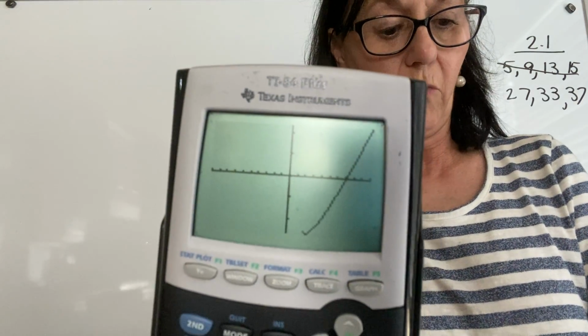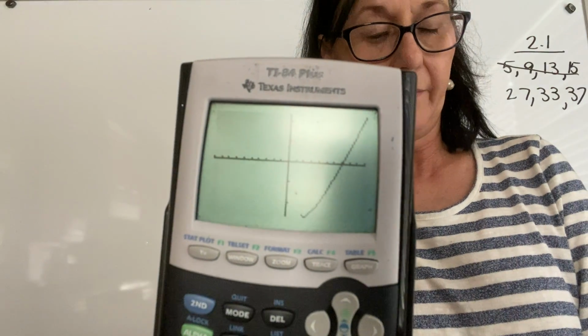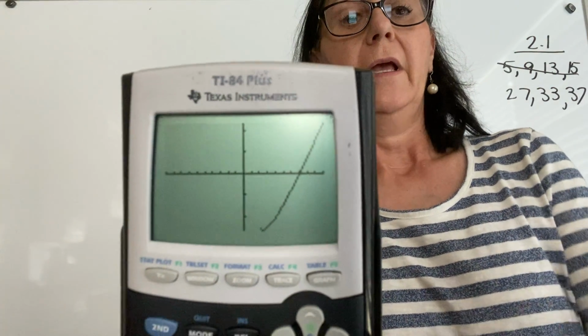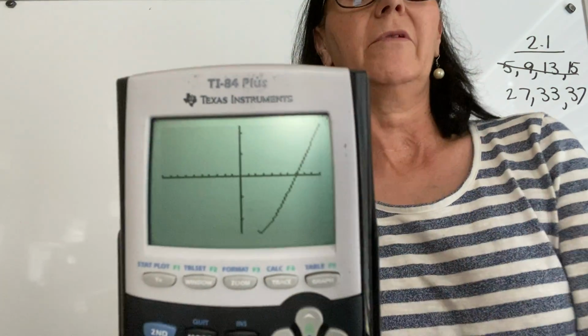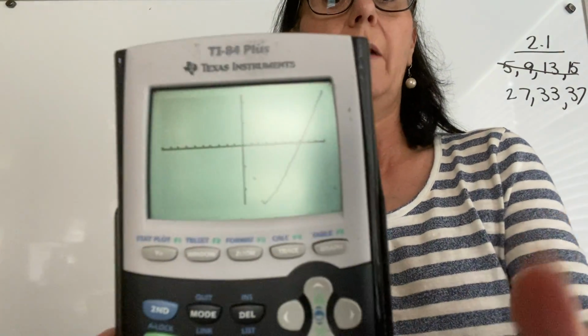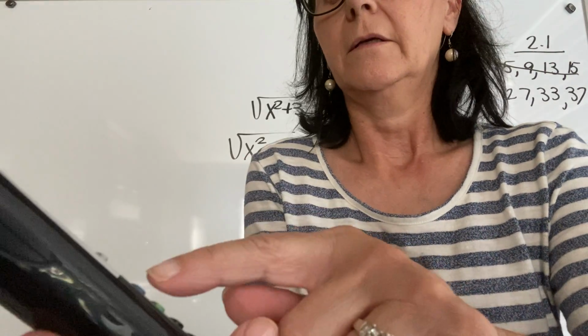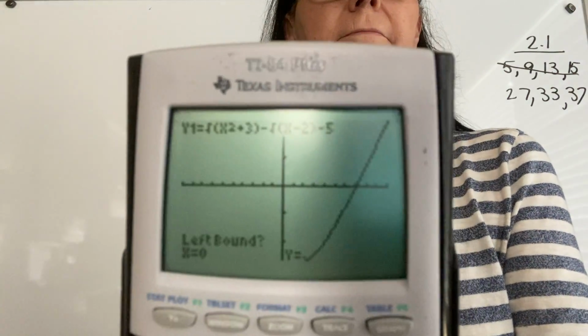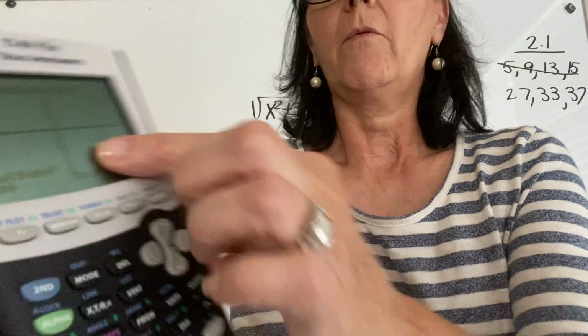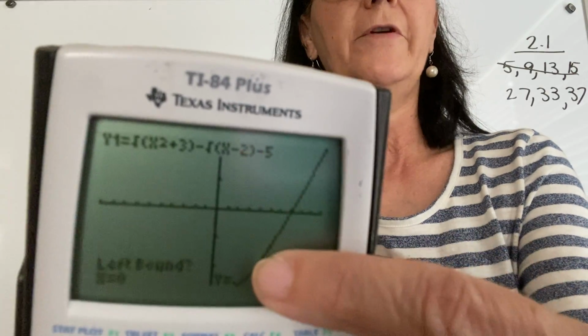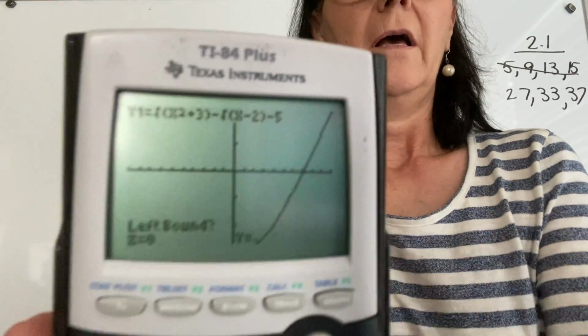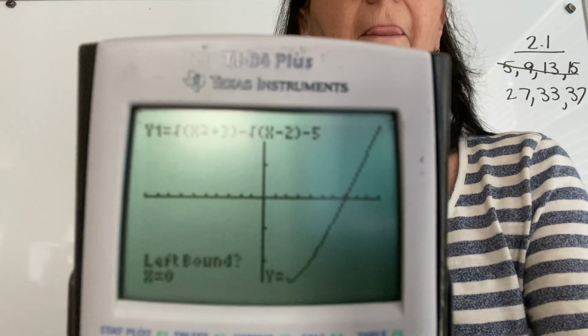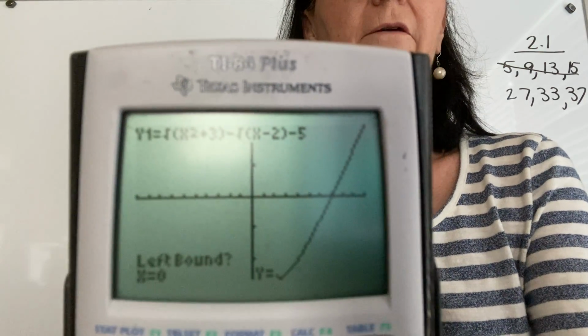Maybe we only have one x-intercept, right? That's all we're gonna have. And it went from here to here. Okay, I don't really have to change my y, so I'm just gonna do second trace 0. Okay, I wanna be in this quadrant. Both are negative. All right, so where am I? I don't see a y.